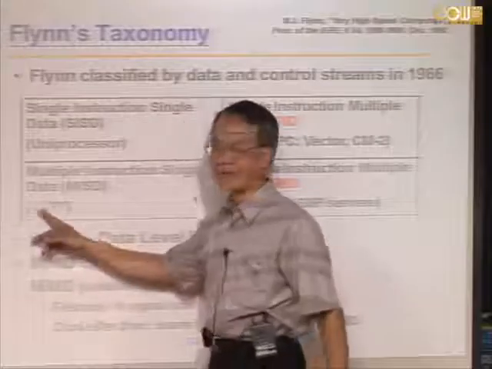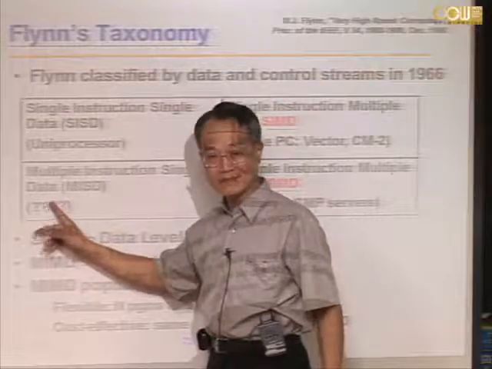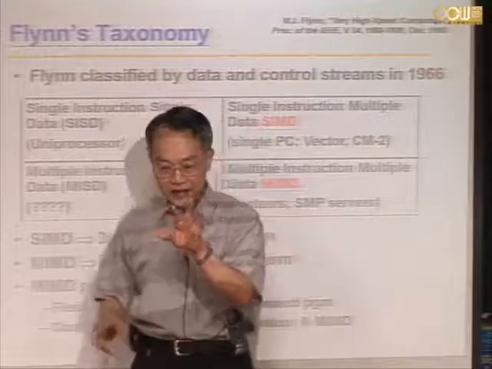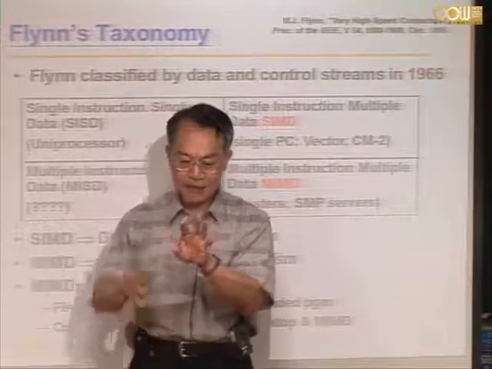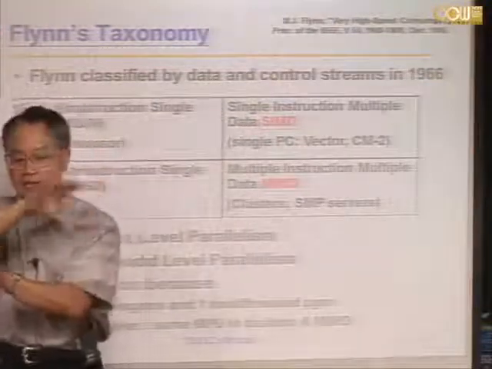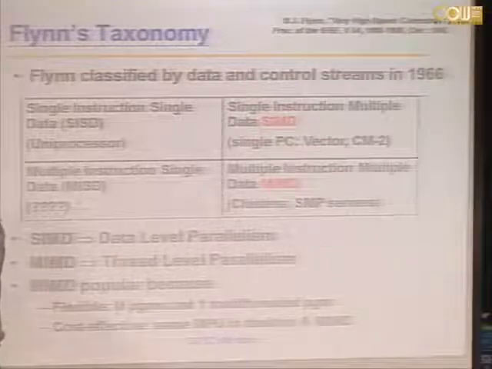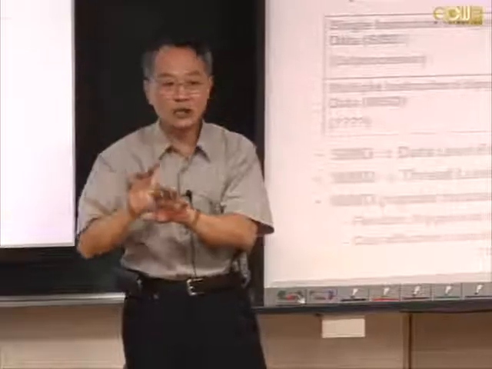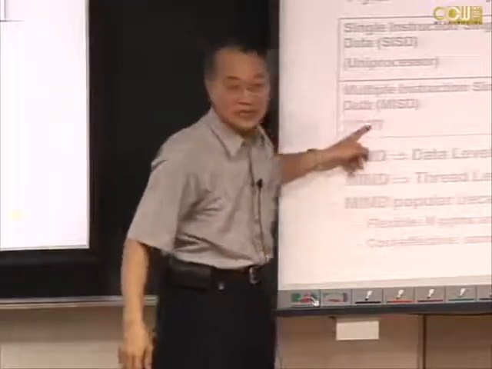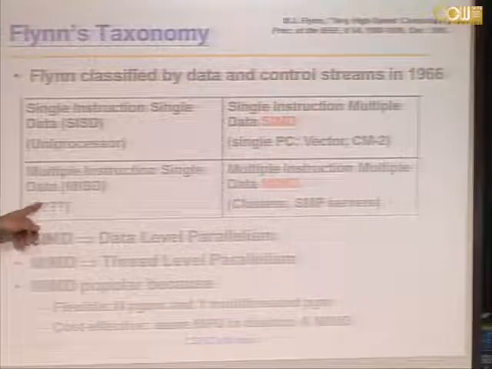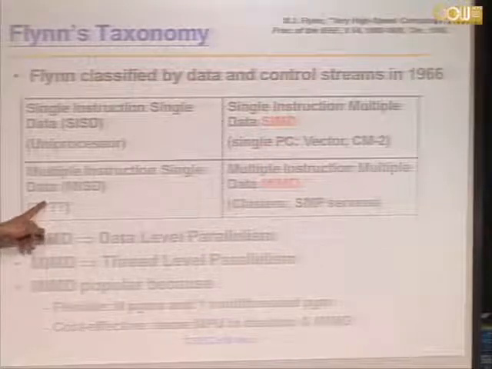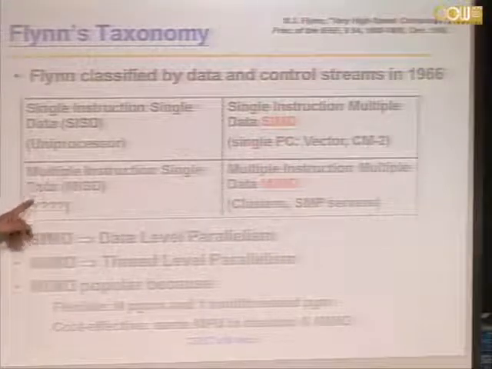Some people say maybe pipelining, because the same piece of data gets processed by stage 1 and then 2 and then 3, but stages 1, 2 and 3 don't really execute independent instructions. So it looks like this, but there is really no good example. There is such a category, but it is not applicable to any real machine yet.